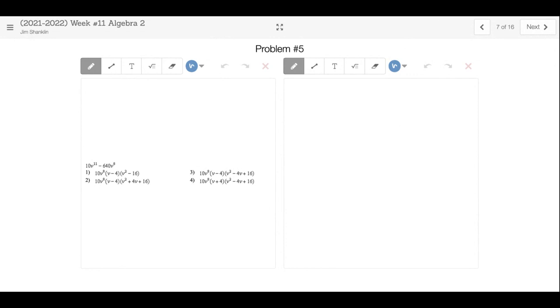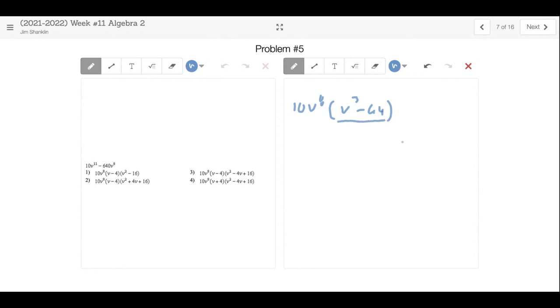What is the greatest common factor between 10v to the 11th minus 640v to the 8th? 10v to the 8th, because the 8th is the lowest exponent, so that's the most we could ever take out. So I'm going to take out a 10v to the 8th, and that leaves me with v to the 3rd minus 64.